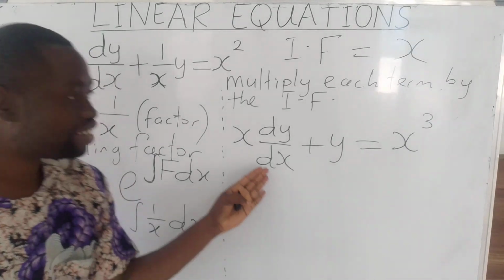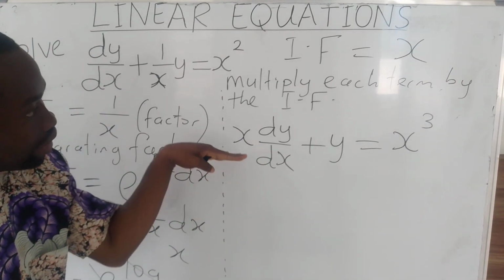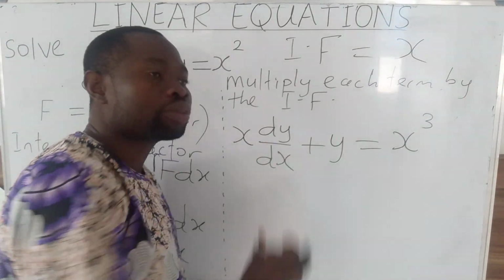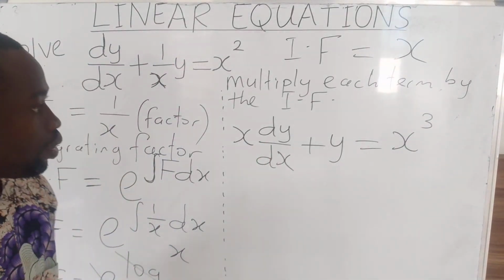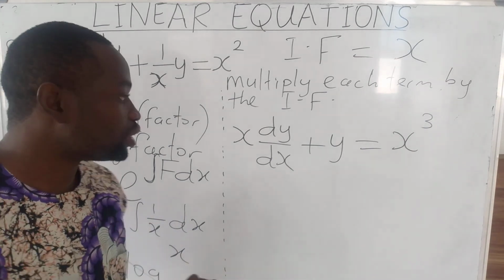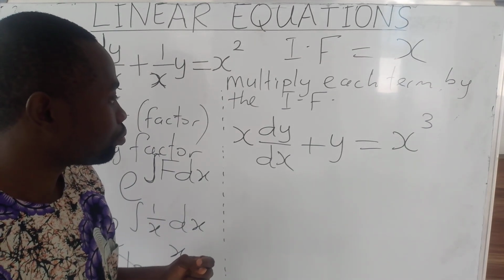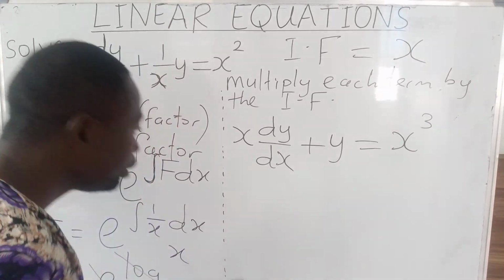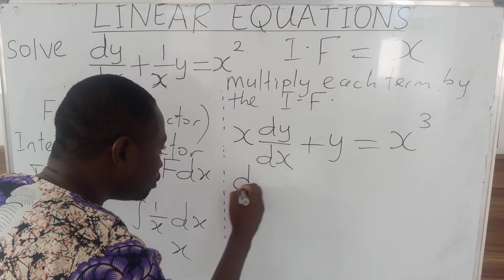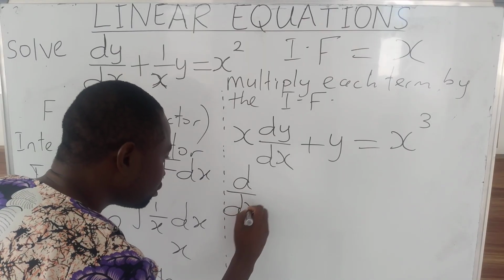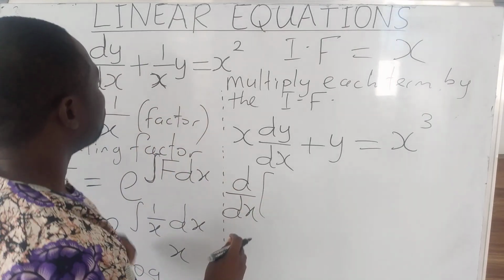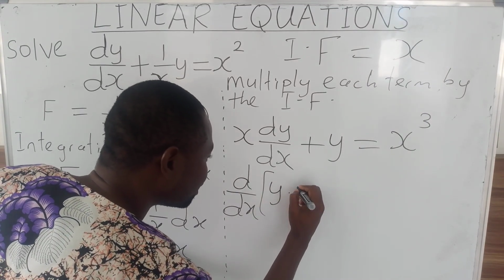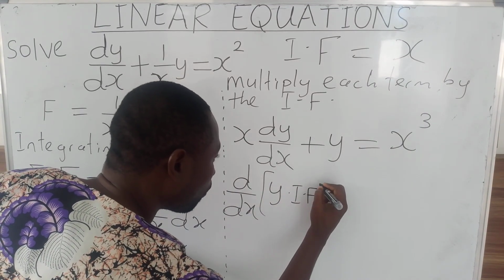Now, after this, the next step is you will deduce something like a product rule that will give you this one back. You will deduce d/dx of y times the integrating factor.